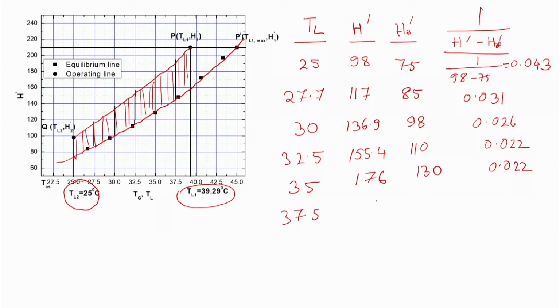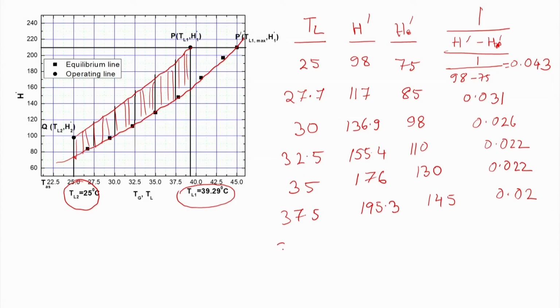For 37.5 degrees Celsius, the enthalpy value is 195.3, whereas the equilibrium enthalpy value is 145, and 1 by H prime minus H star prime is 0.02.